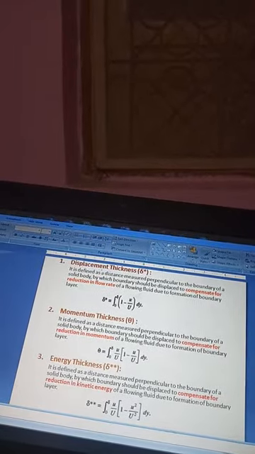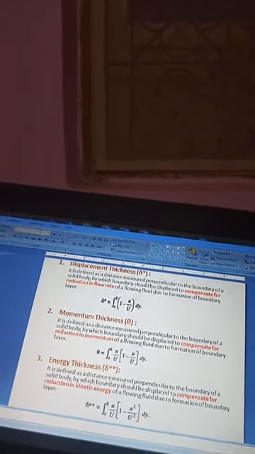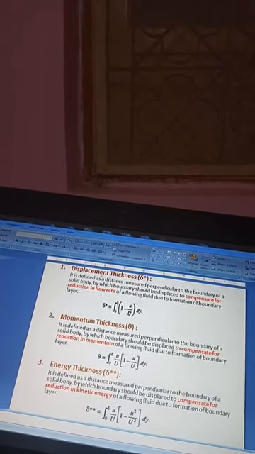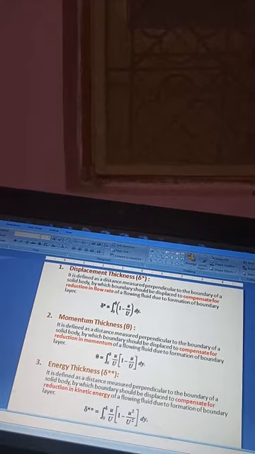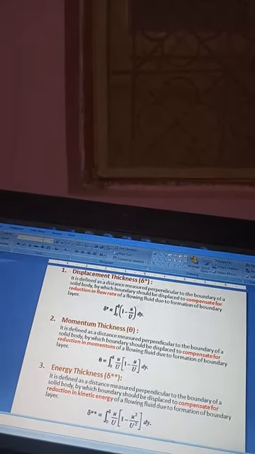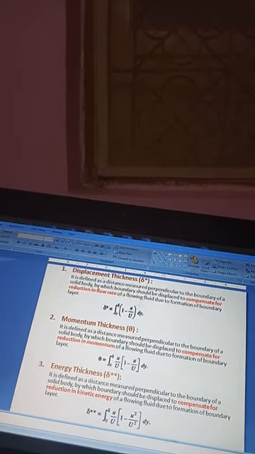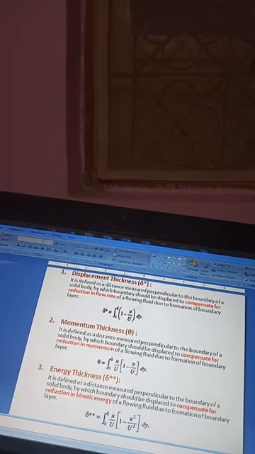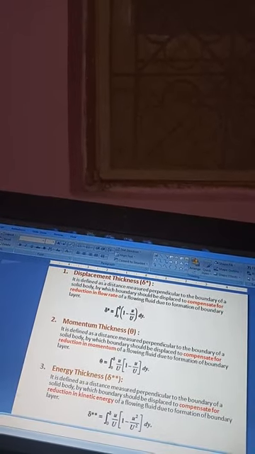So let us define this displacement thickness, momentum thickness and energy thickness. Displacement thickness is the distance measured perpendicular to the boundary of the solid body by which the boundary should be displaced to compensate for the reduction in mass flow rate of a flowing fluid due to formation of the boundary layer. The continuity equation is used for finding this.